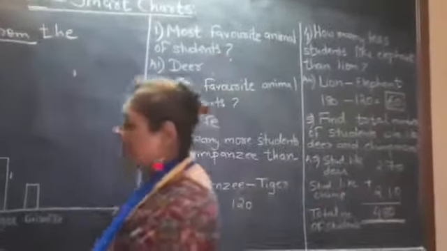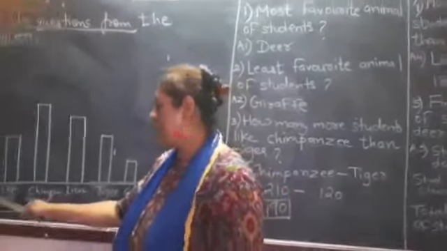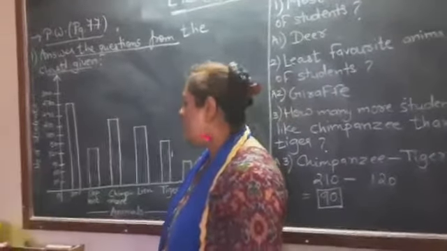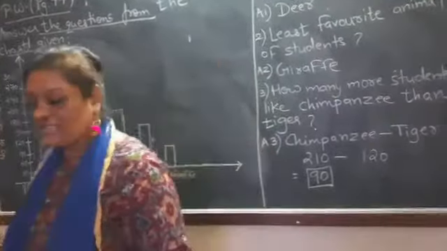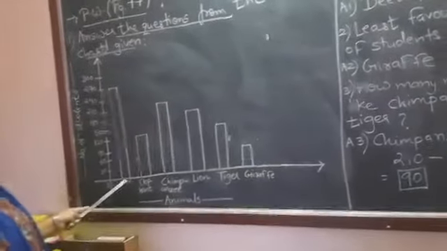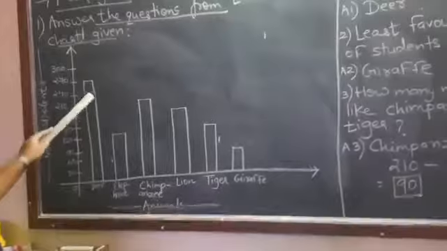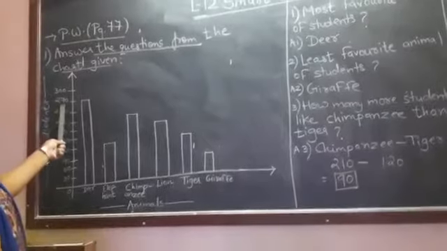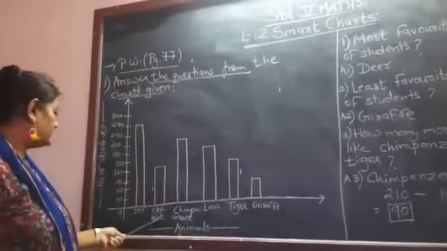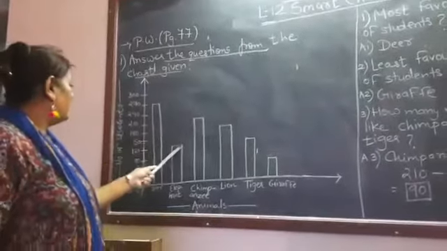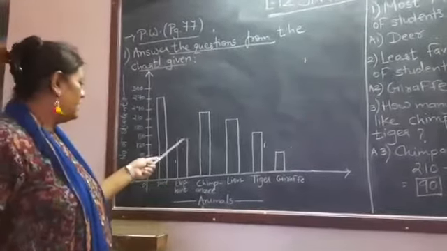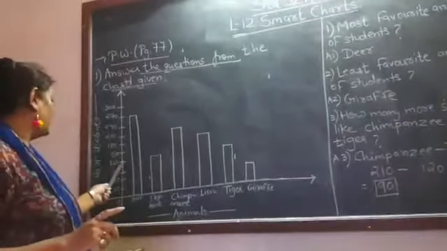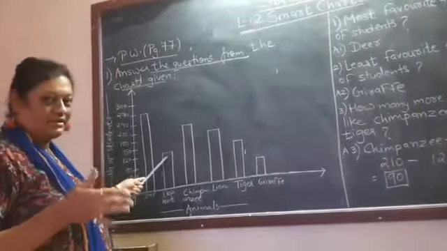I begin with question number 1, which is the most favorite animal of students. Here you can see the names of animals: deer, elephant, chimpanzee, lion, tiger, giraffe. The biggest or the longest rectangular bar is on deer. You can see this rectangular bar, which is the longest of all, is on deer, and it ends on number 270. Elephants are liked by 120 students.